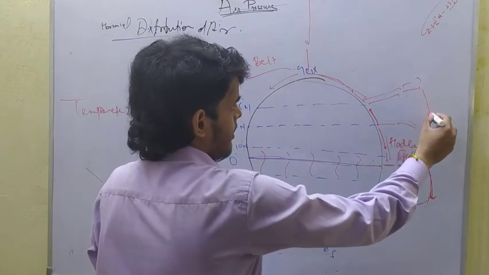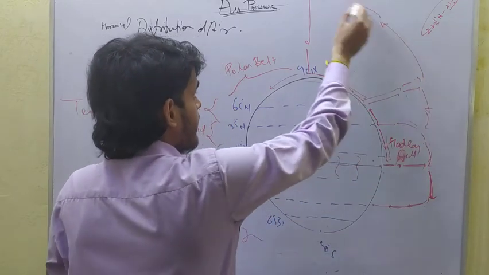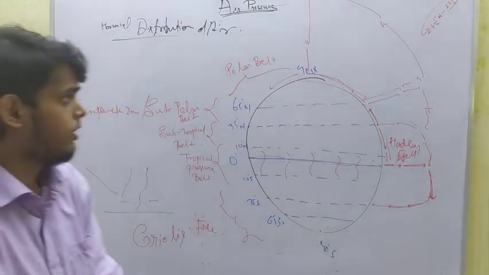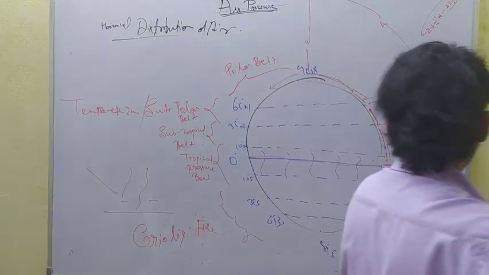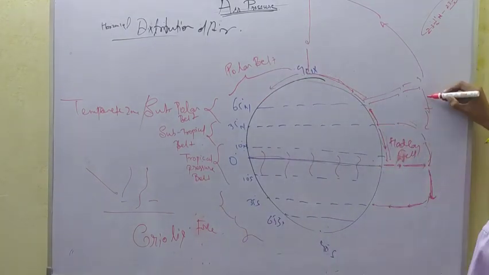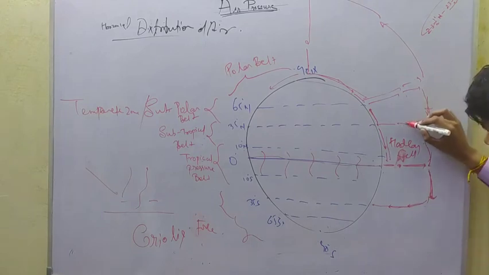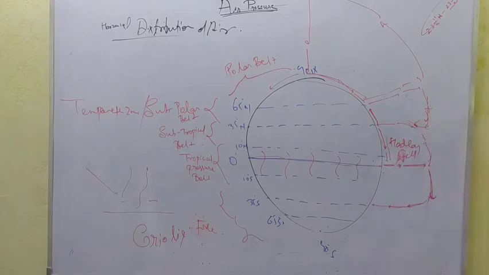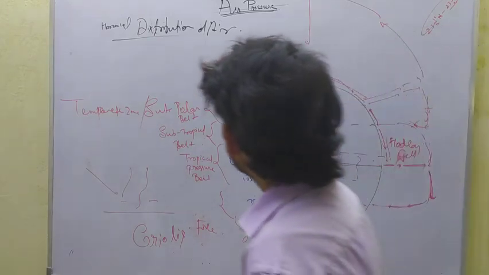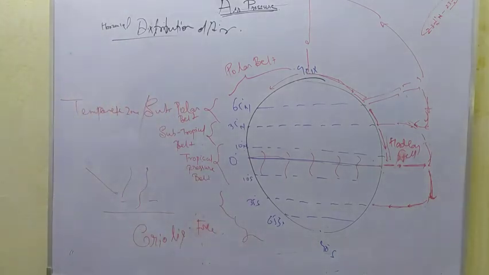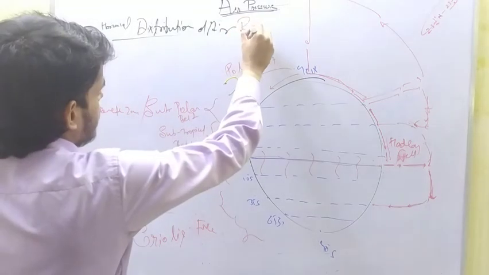At a certain height, the wind will get deflected, and this wind will meet the polar winds, and this wind will meet the wind at 35 degrees north. So this is the horizontal distribution of air pressure.